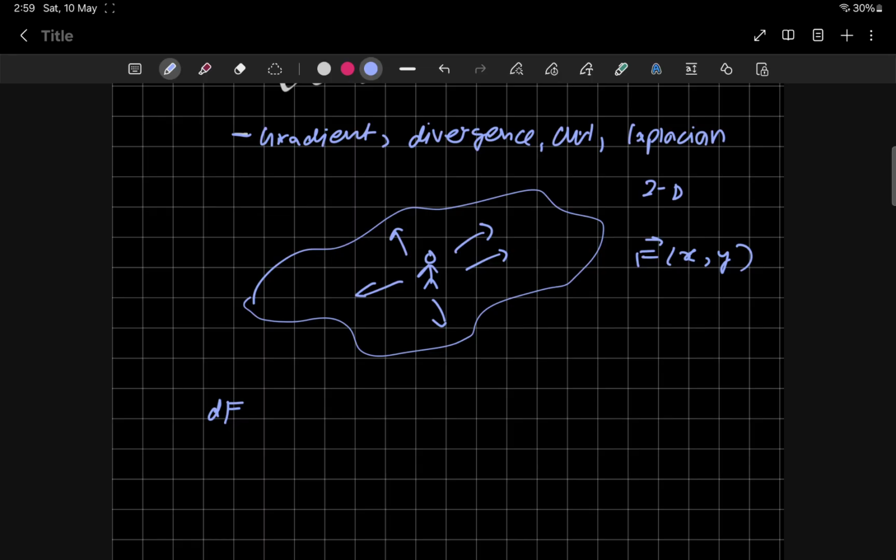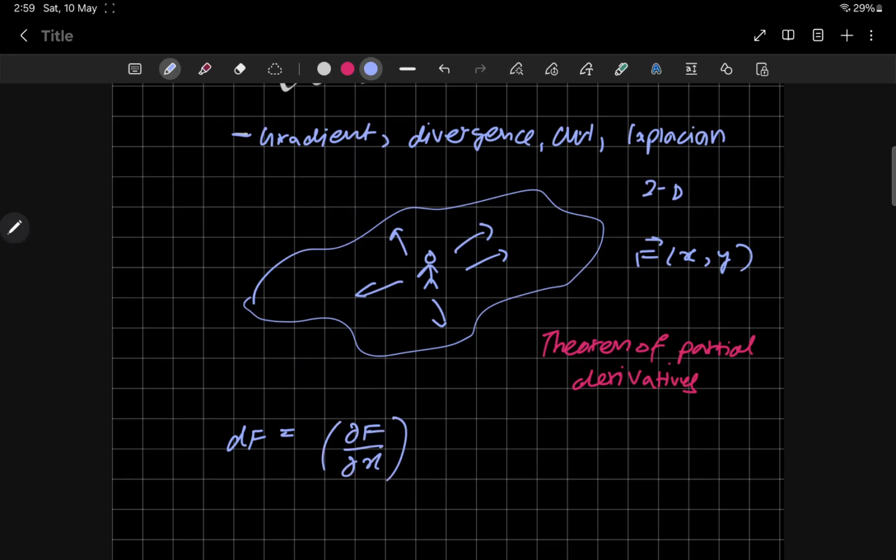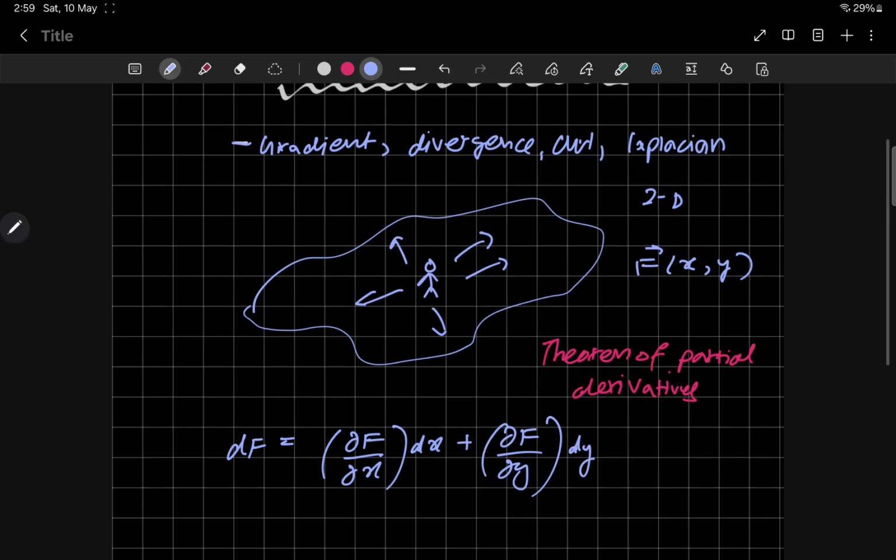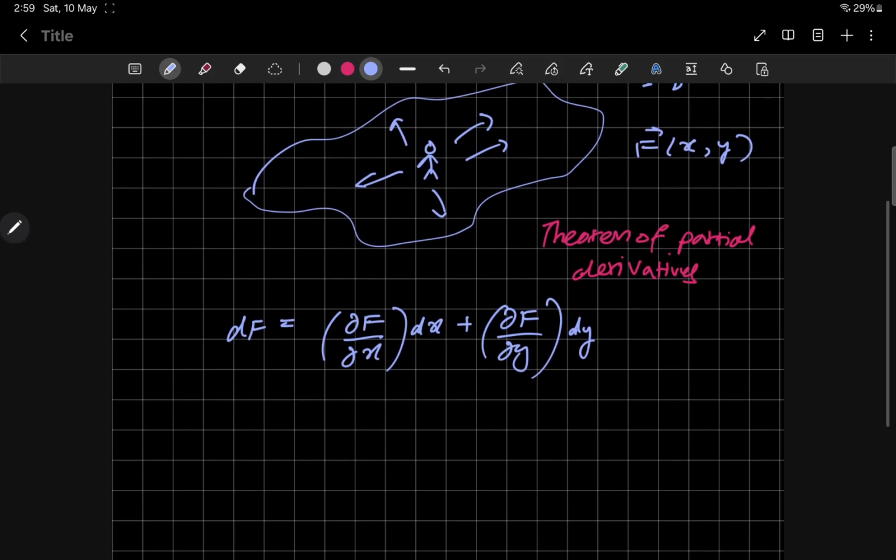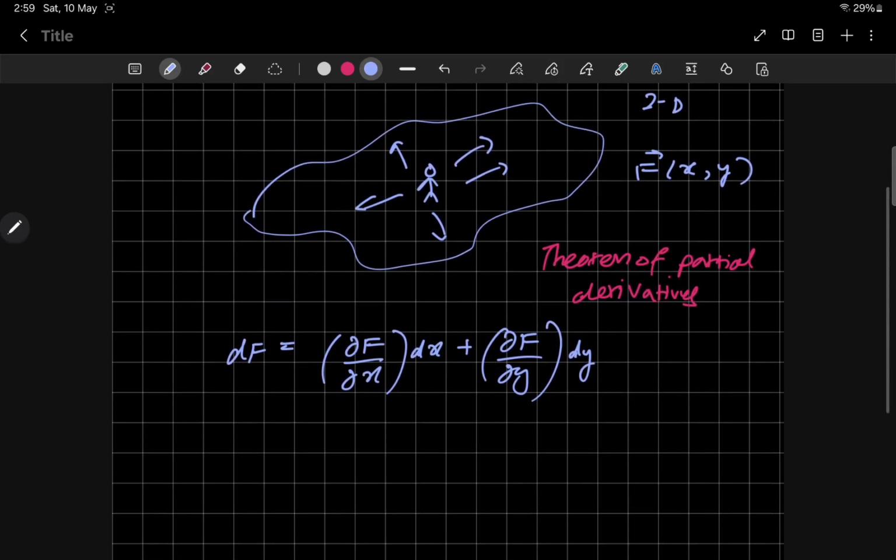In earlier classes you might have heard of the theorem of partial derivatives.